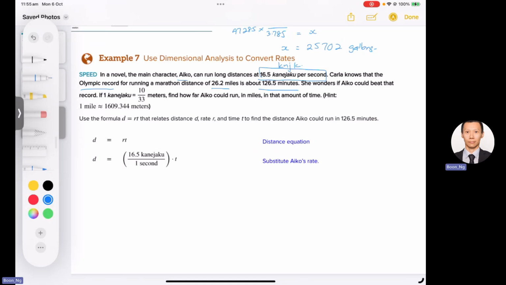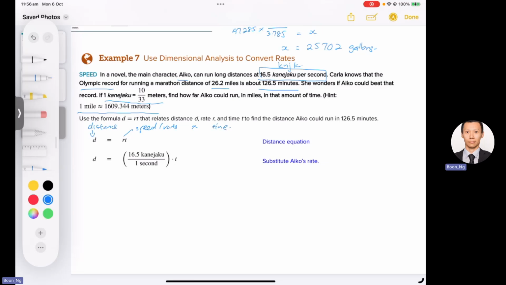And we know that one Kanijaku is 10 over 33 meters. And then 1 mile is 1609.344 meters. So we are given very important information like distance. This is the distance. And then distance equals the speed or rate times time.